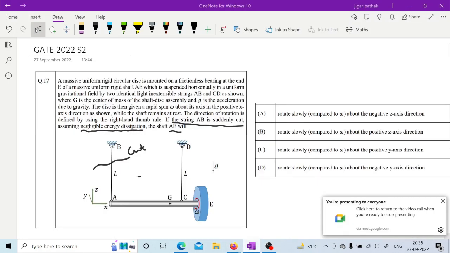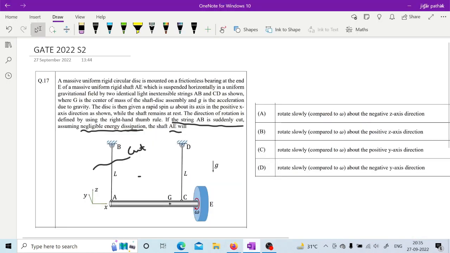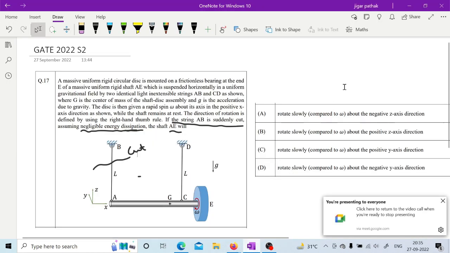Sir, it will be in the negative direction of Z axis. Correct. It will be in the negative Z direction.